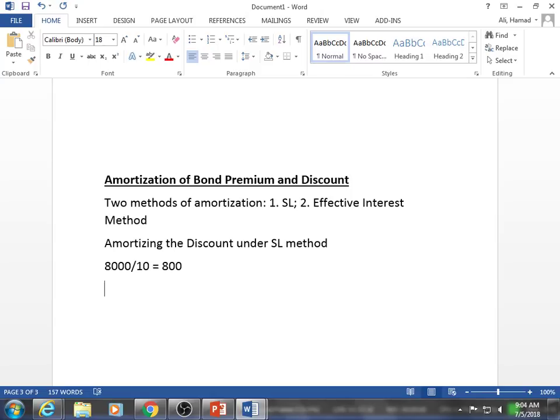Remember, we do that when we pay interest. There's a bond and we are paying interest every 6 months, correct? So what do we debit? We debit interest expense.